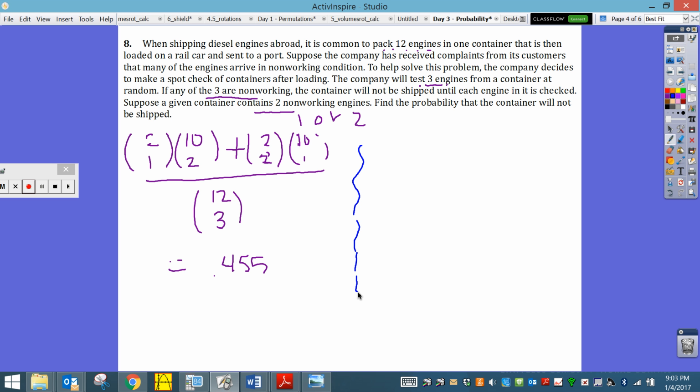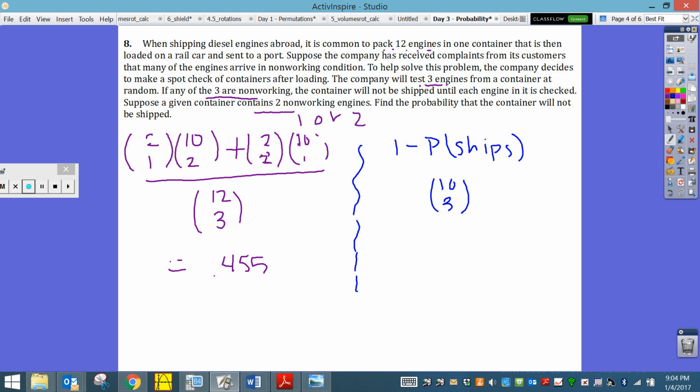Let's look at another. Let's look at 1 minus the probability that this pack actually gets shipped. Well, the probability that this gets shipped is if all 3 of the ones that are picked come from the 10 that are working.